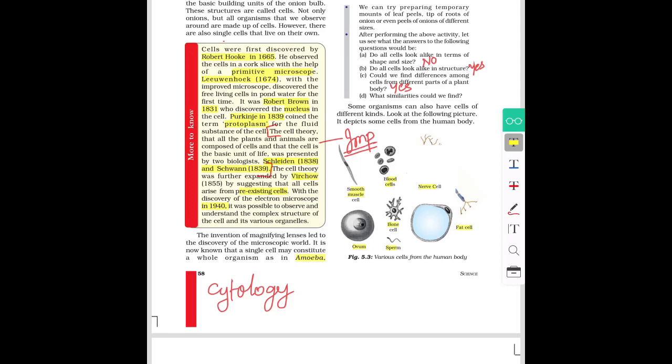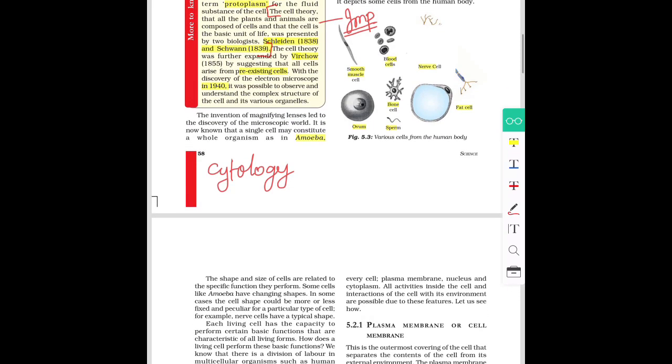Why? The size and shape of a cell are related to the specific function they perform. Some cells like amoeba have changing shape because they are unicellular and a single cell has to undergo all the biological processes. So, to adapt to the environment, they need to keep on changing the shape of their body.